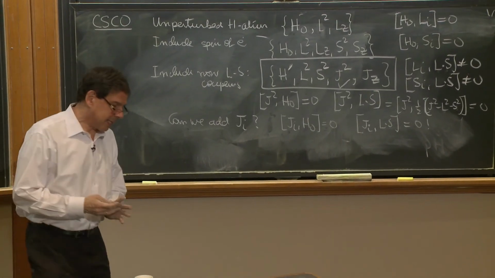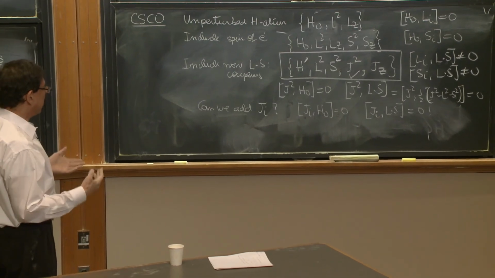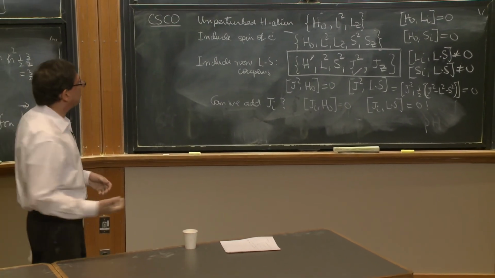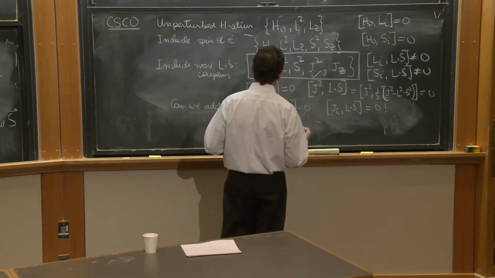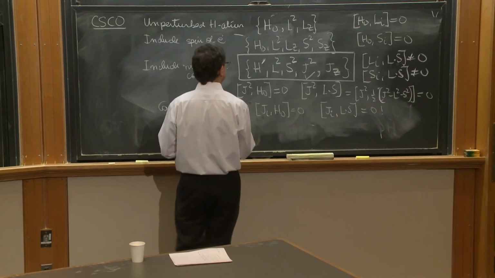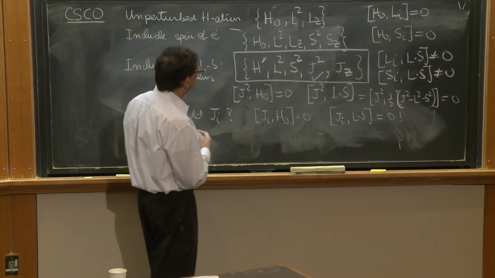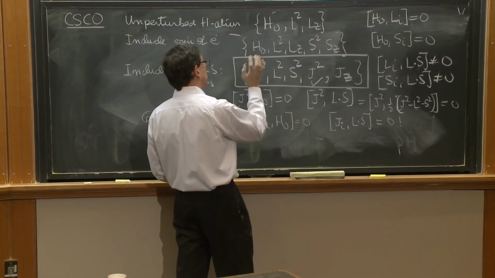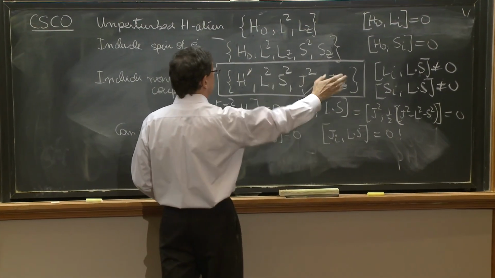It is a complete set of commuting observables, and we should expect that we can diagonalize all of them simultaneously, because they commute and they're Hermitian operators, and therefore our theorem guarantees that. This means we will be able to find energy eigenstates in principle of the total Hamiltonian by diagonalizing this.